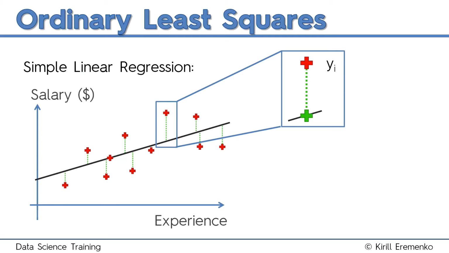Now the red cross is called yi, so y with the subscript i, and that is the actual observation. The green cross is called yi hat, and that is the modeled observation, or the modeled value. So basically, with that level of experience, where would he be? Where does the model predict that he would be earning?